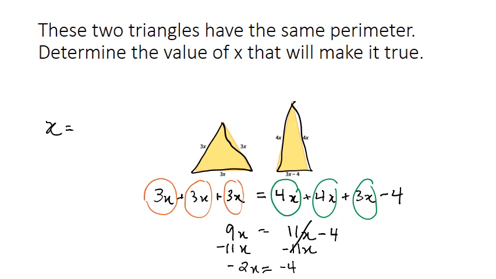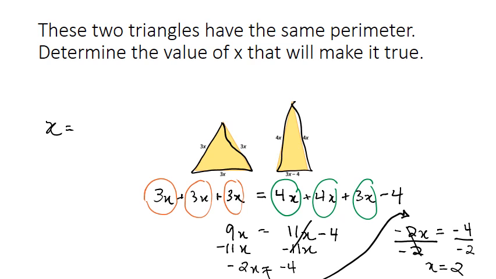Then I need a little more space, so I'm going to continue up here. I have negative 2x is equal to negative 4. I need to get the x by myself, so I'm going to divide both sides by negative 2. Those cancel out, and I get that x is equal to 2, which is negative 4 divided by negative 2.